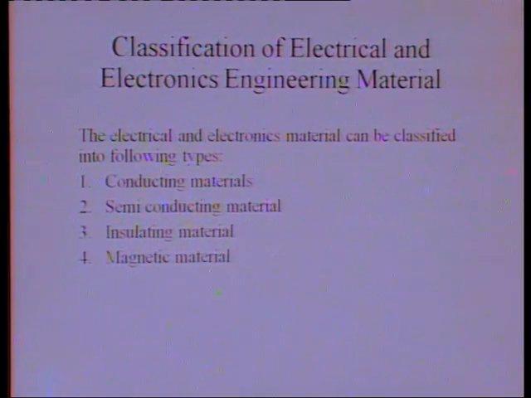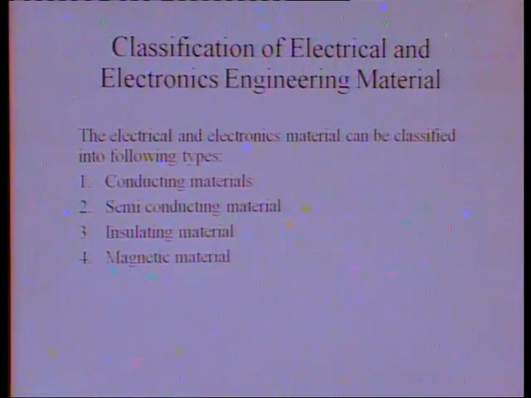So, different types of material which are used in electrical and electronics engineering are there are 4 types of material which we used in the field of electrical and electronics.